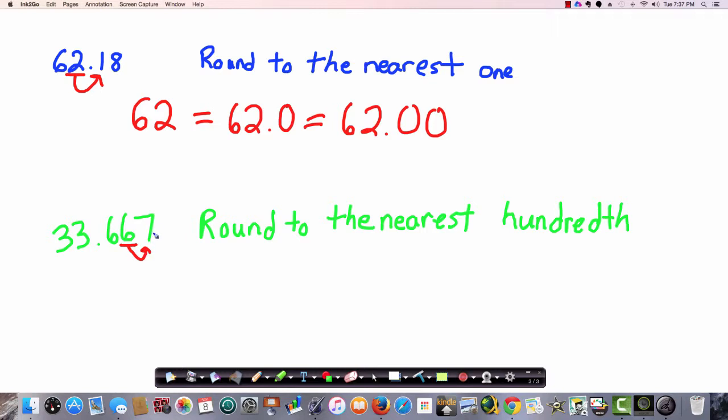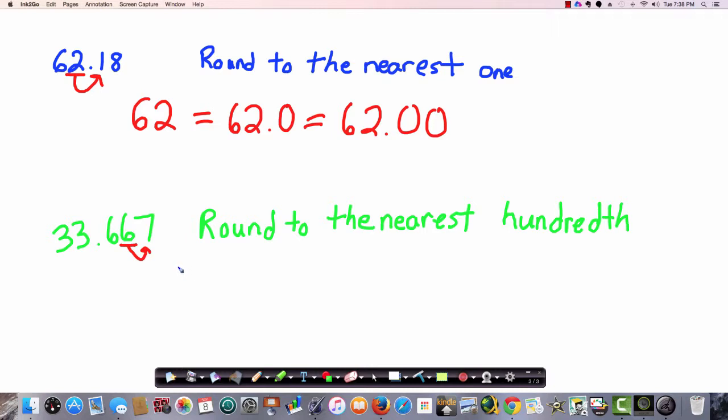Now if we remember our rules, the first one we look at is to see, is the number greater or equal to 5? And I look at the 7 and I know that that is greater than 5. So if it is greater than 5, I know I need to add 1 to the number we're rounding.